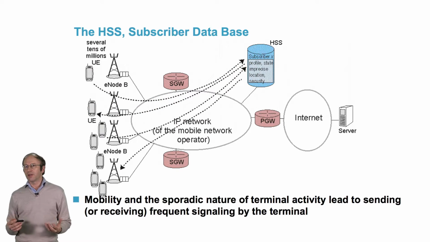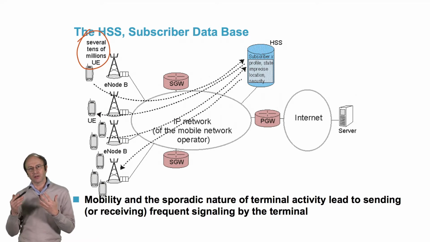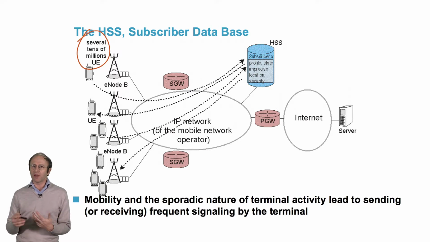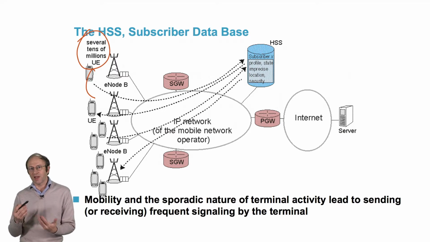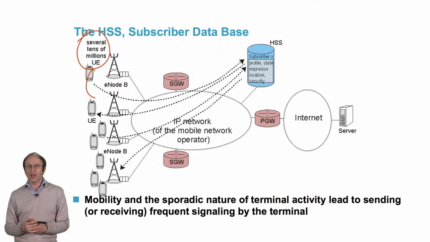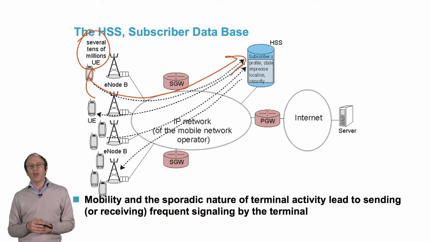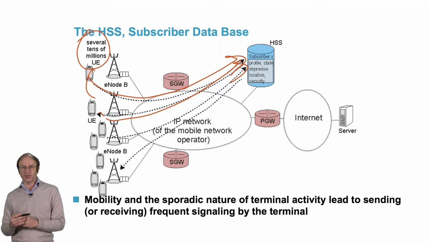If we analyze a bit what can happen, we have several tens of millions of subscribers in the network. That corresponds more or less to several tens of millions of terminals. If every time someone moves or does something on his terminal and we want to control the access, we have to send requests to the HSS.